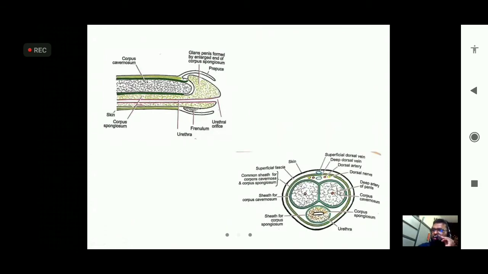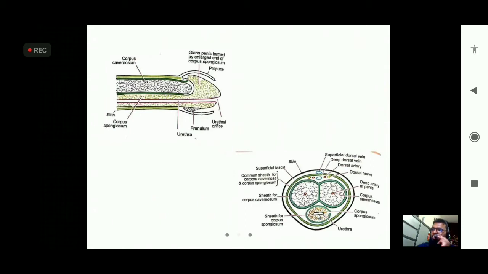These are the two corpus cavernosum and one corpus spongiosum, and the corpus spongiosum is dilated to form the glans, where the ends of the corpus cavernosum are joined and located above and at the side of the corpus spongiosum. Understood?